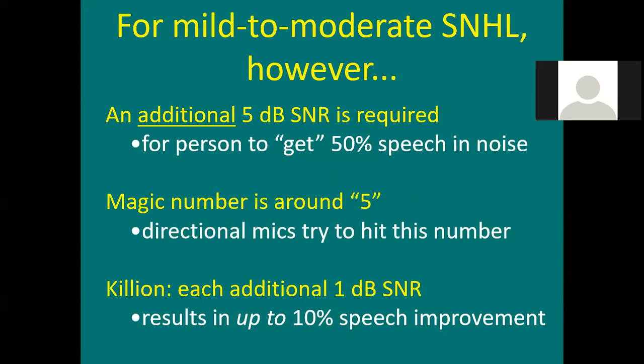D mics in real life increase the SNR by about 2.5, maybe 3. So 2.5, let's say 2 to 3. You've increased it by, let's say, 2 dB. And if each dB you've increased the signal-to-noise ratio gives you 5% and not even 10, 5 times 2 is 10%. A 10% speech improvement is pretty good.